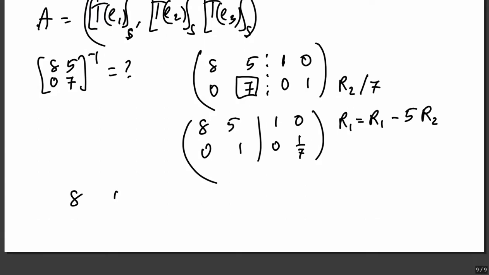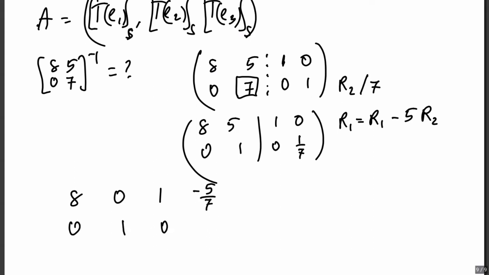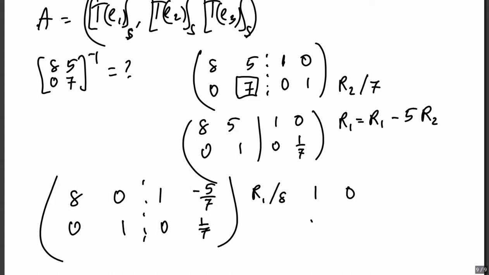We get 8, 0, 1, minus 5 over 7, and 0, 1, 0, 1 over 7. And then we divide row 1 by 8 to get the identity matrix on the left, and on the right 1 over 8, minus 5 over 56, 0, and 1 over 7.